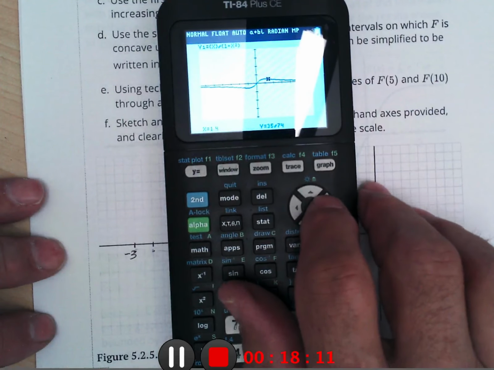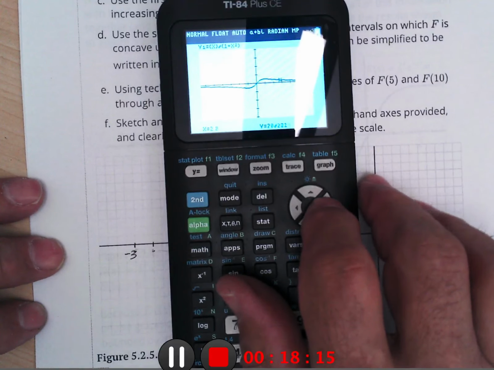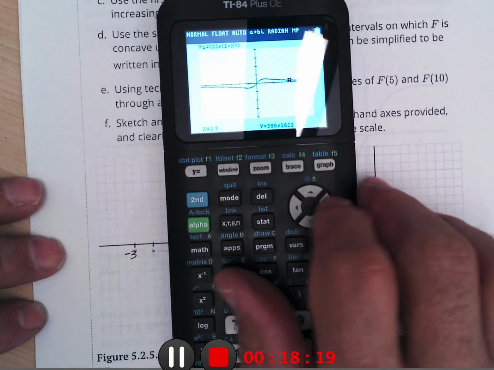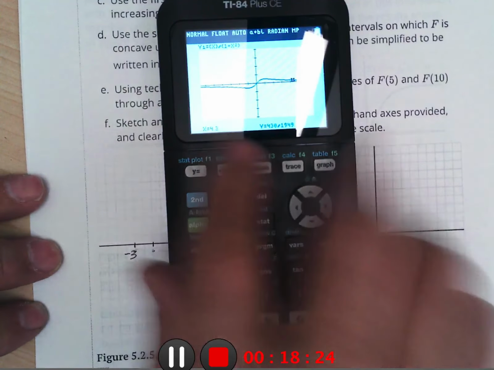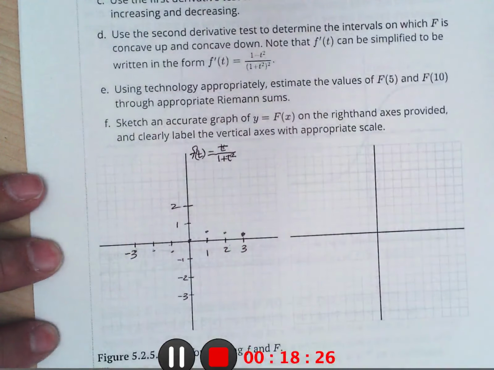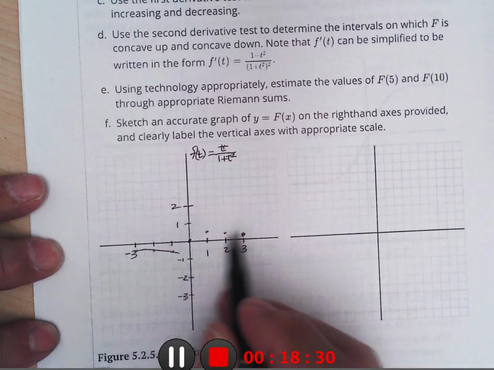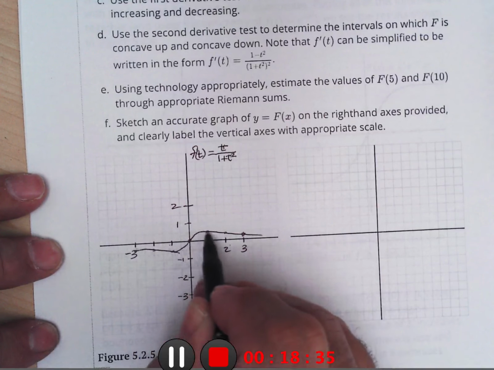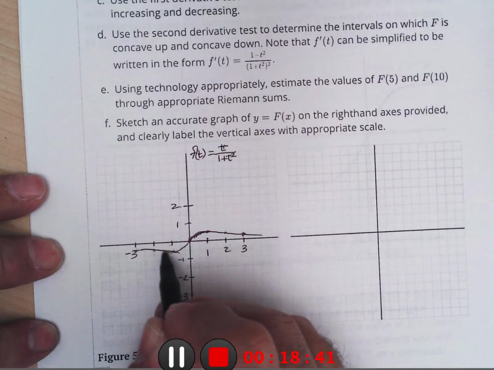At 2, it's 2/5. At 3, it's 3/10. And 4/17, and it keeps going down. But it's a nice, smooth, bendy curve. So, looks like this. And it reaches a kind of a maximum, a local maximum at 1, and a local minimum at -1.